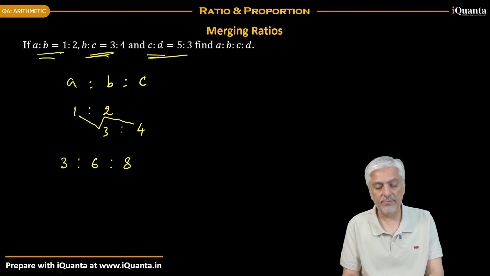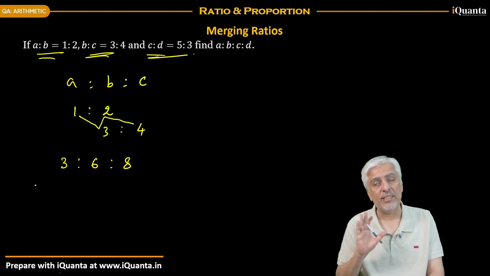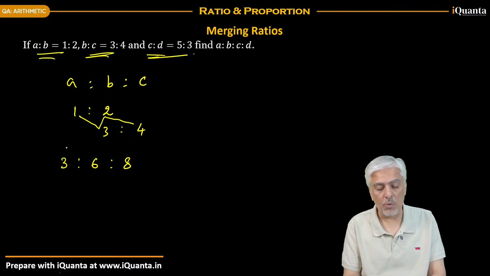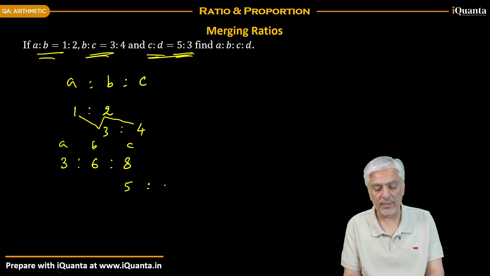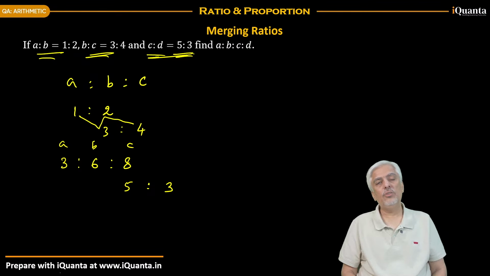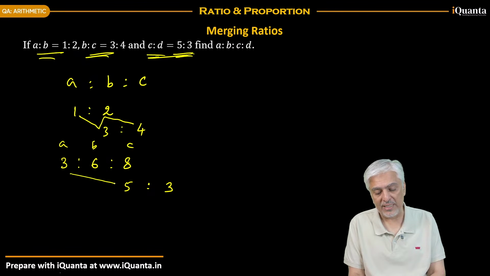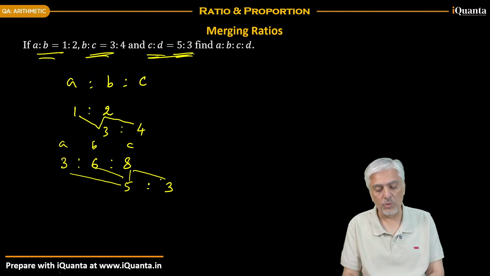ABC done. Now, when there are 4 terms, the shortcut is for 3 terms. Now what happens over here? This is A, B, C. And C ratio D was 5 ratio 3. So basically now you can still do the same thing. Basically multiply this over here, this also over here, this over here and this over here.